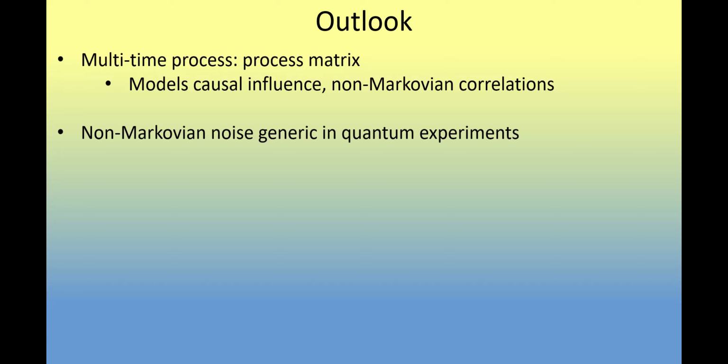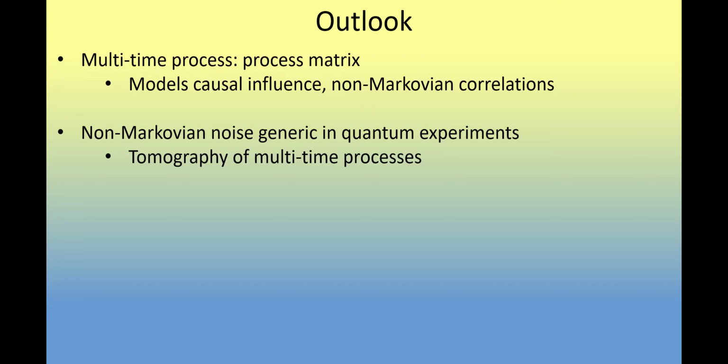Now, we said that non-Markovian noise is generic in quantum experiments. And so in applied scenarios, we cannot get around the situation, and we need this type of process to describe our devices. In particular, I introduced the concept of tomography, which means even if our system-environment interaction is very complicated and we cannot model it theoretically, we can in principle perform tomography.